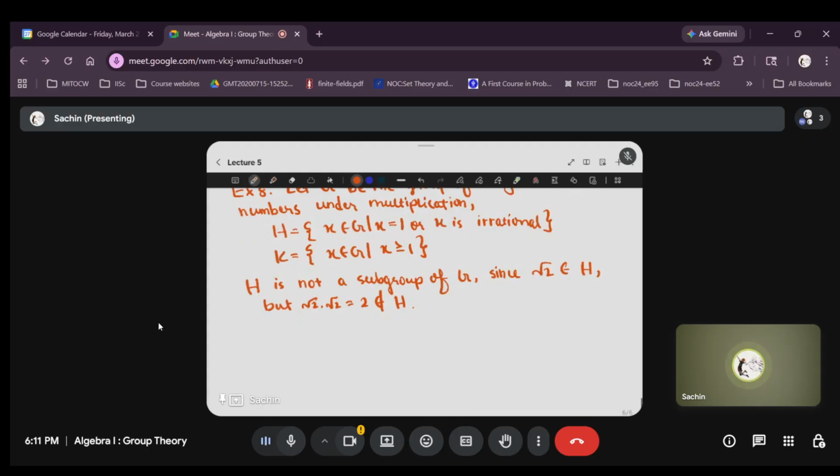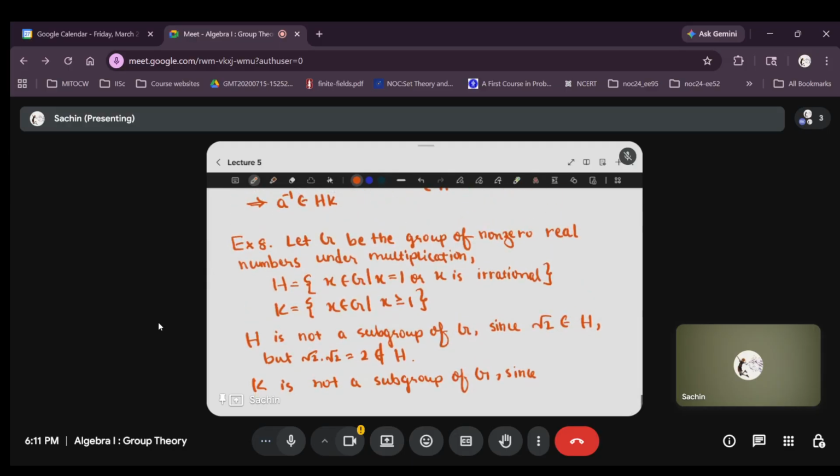Then K is also not a subgroup. And what is the reason for this? Closure.